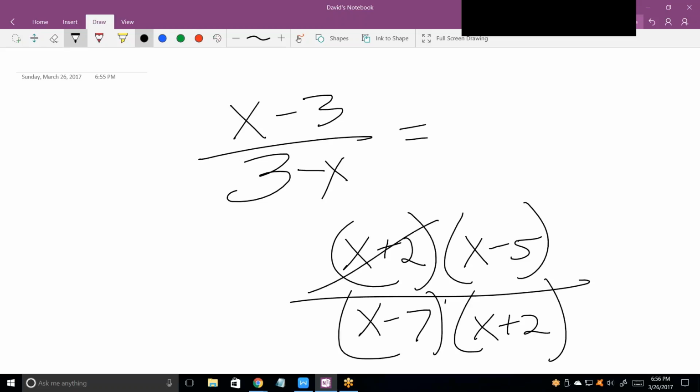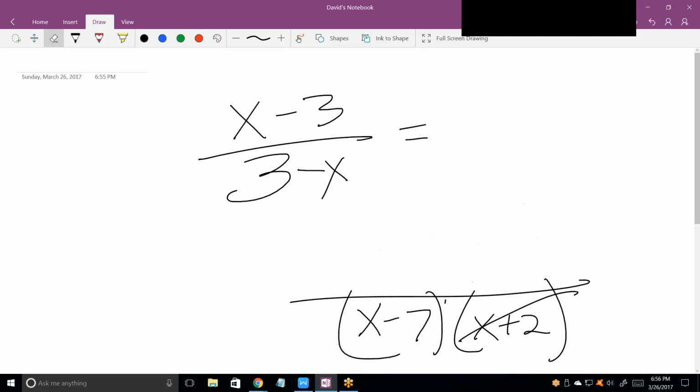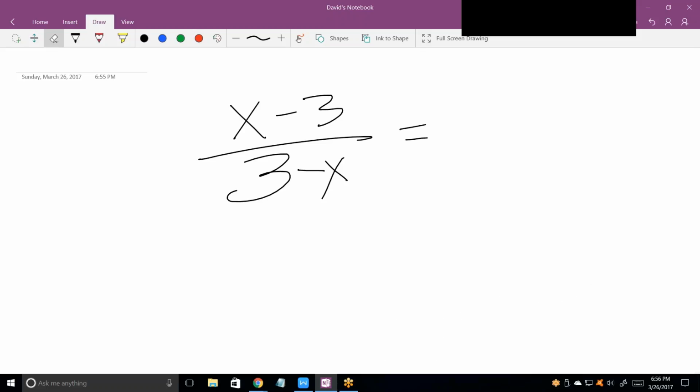Well, I'm always doing this, right? The general rule of thumb is that you can only do that if they're exactly the same. Well, that's not actually true. The truth is that this is always equal to minus 1.